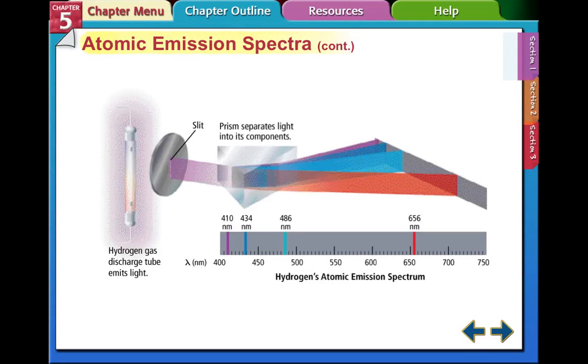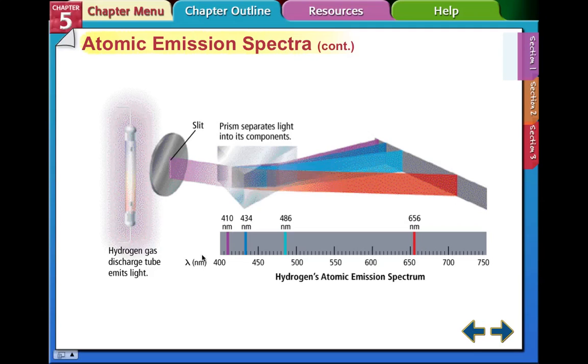Okay, so you can see we are going to do an experiment here probably tomorrow based off of this. You can see, okay, this is hydrogen gas. As it comes through, this is just a circle with a split in it. As that light hits this prism, it is broken down, just like the sunlight hits a prism and it's broken down into Roy G. Biv.